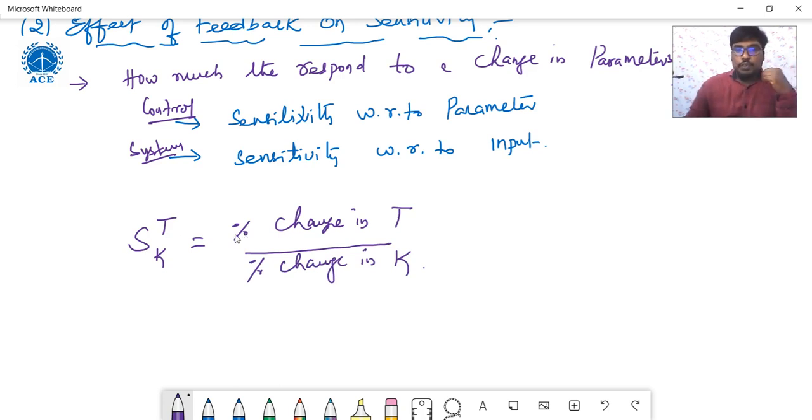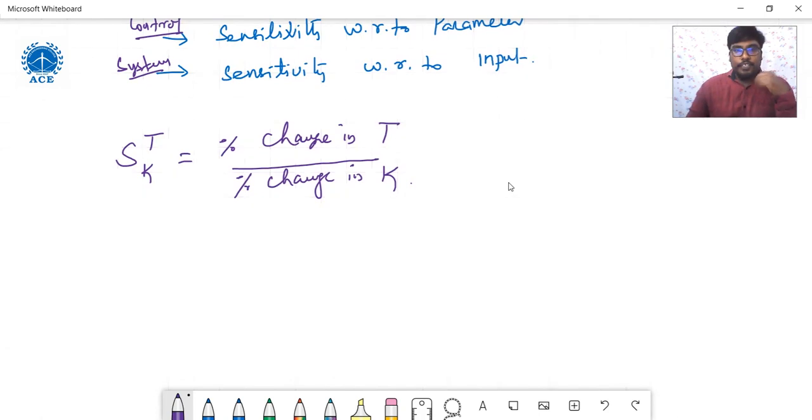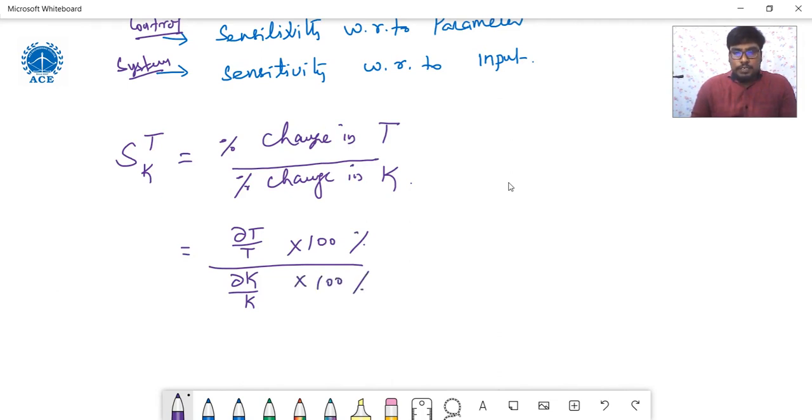So this will be the change in T divided by the change in parameter, each taken as a percentage. So this is K/T times ∂T/∂K.